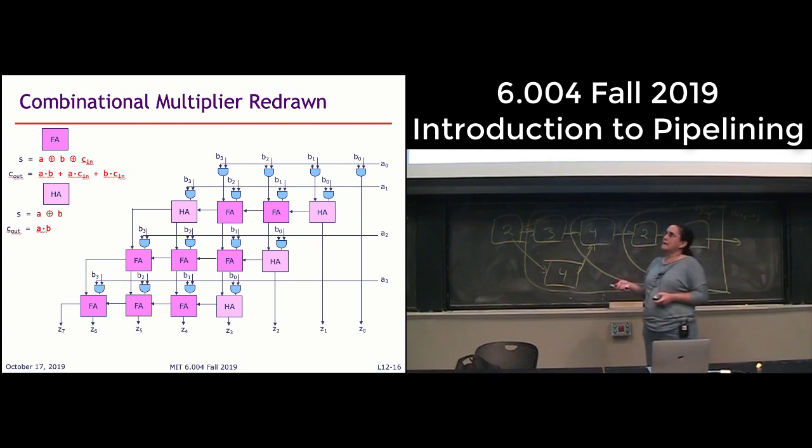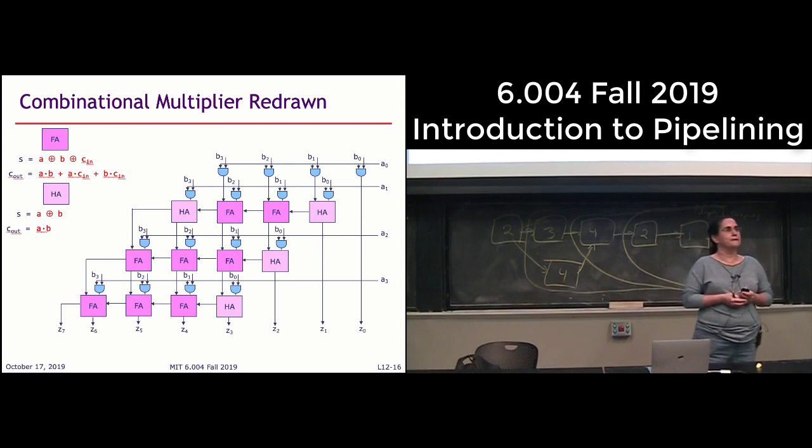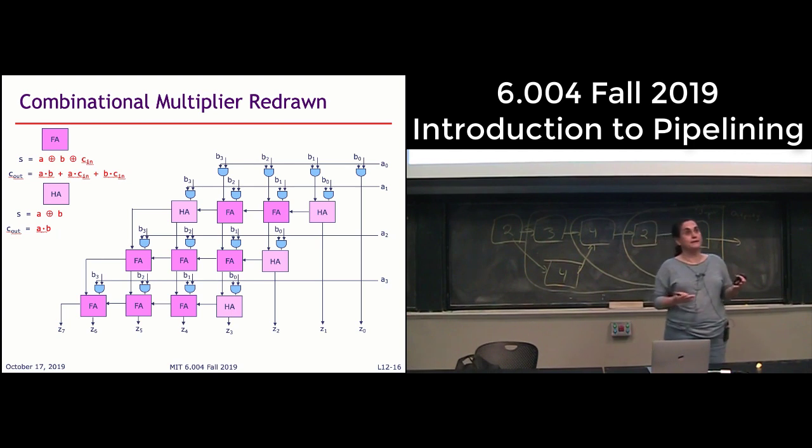So, if each of my A and B are n bits wide, how long is it going to take me to produce the output of my multiplier here? Is it going to be order n squared? What do we think?